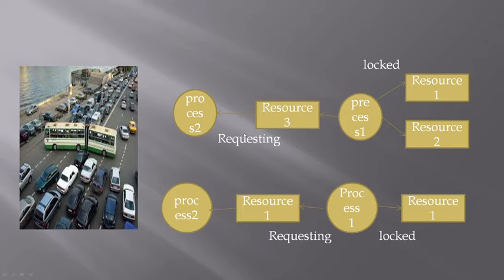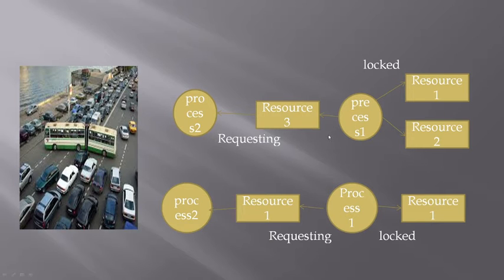So process 2 is already accessing resource 3, but process 1 is also requesting resource 3. Process 1 can complete the transaction only after getting the resource 3 database. Now process 2 is also accessing resource 3.